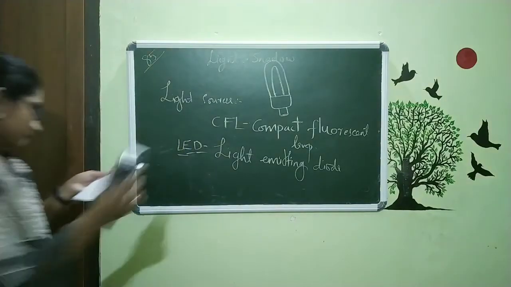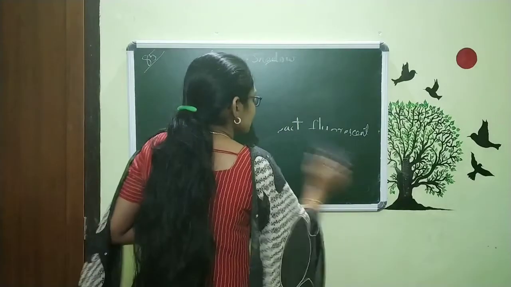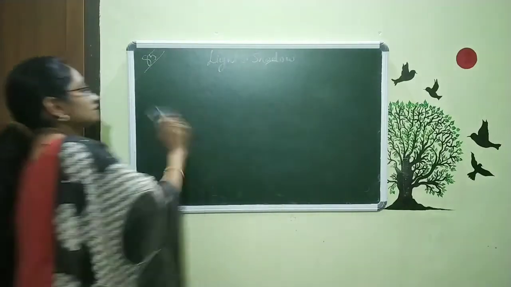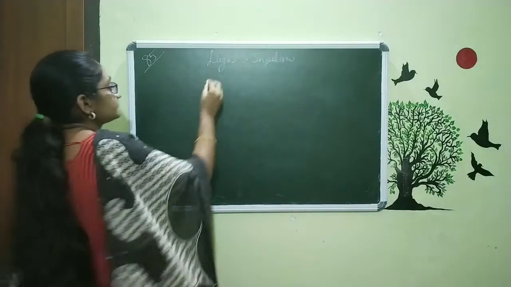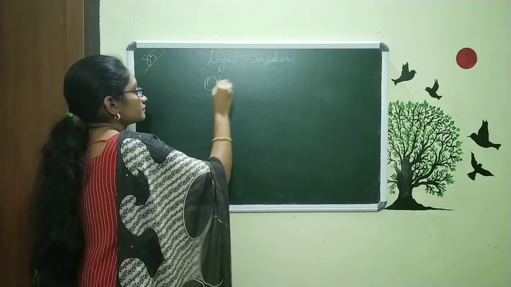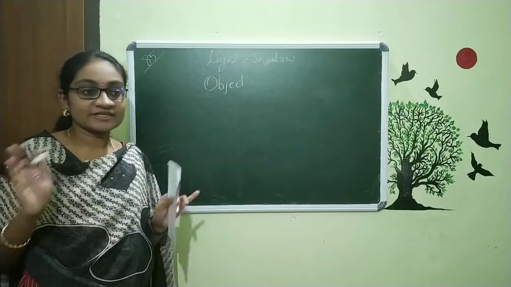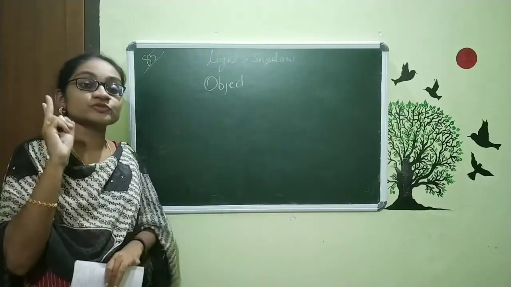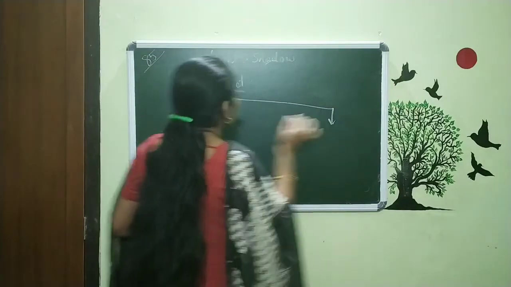And now we are going to study another classification of objects. In this world, we can classify the objects into two. I am going to classify the objects into two.